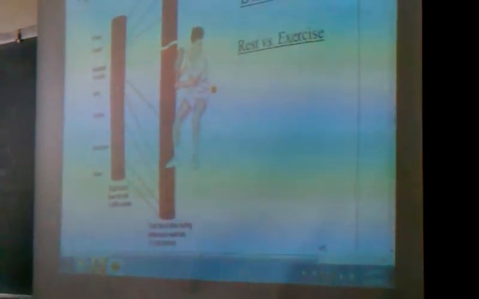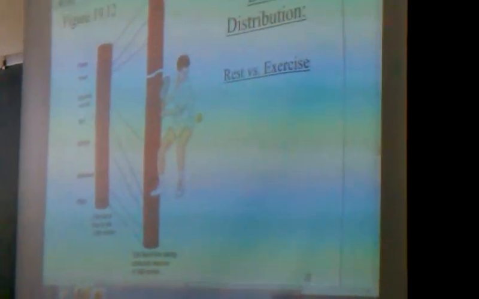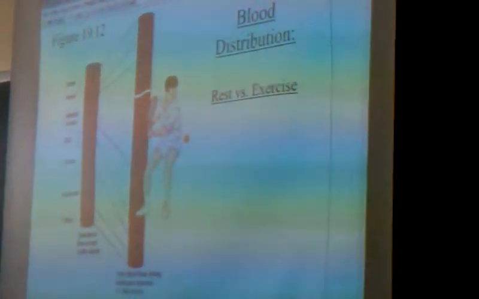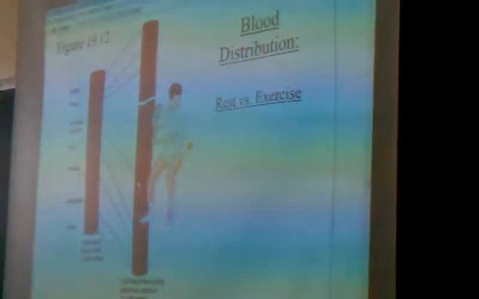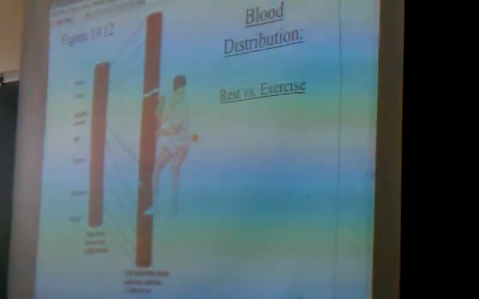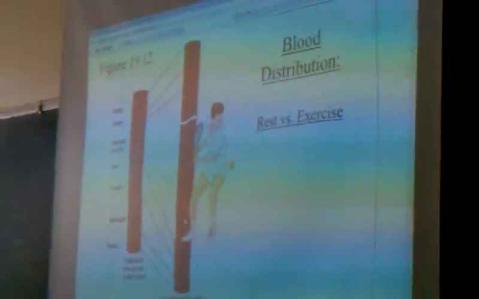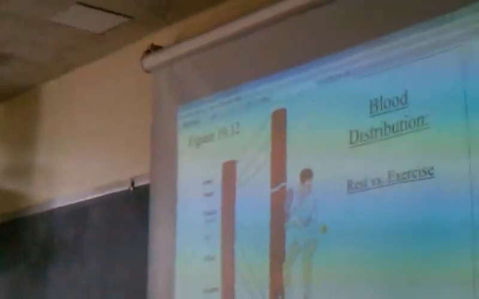We have a small amount of blood flow to the skin when you're at rest, but when you're exercising, the skin is very important for releasing waste products and sweating, loss of water. So we have increased blood flow to the skin. This is a form of temperature control. We also find that with exercise there's reduced blood flow to the kidneys.